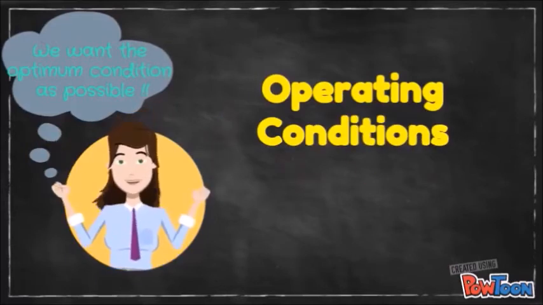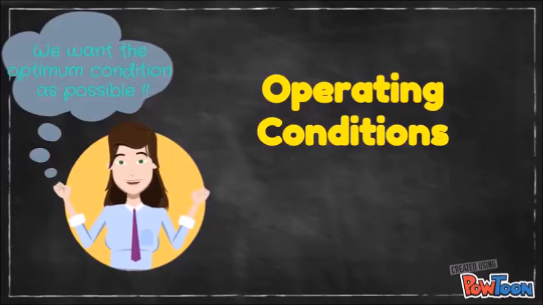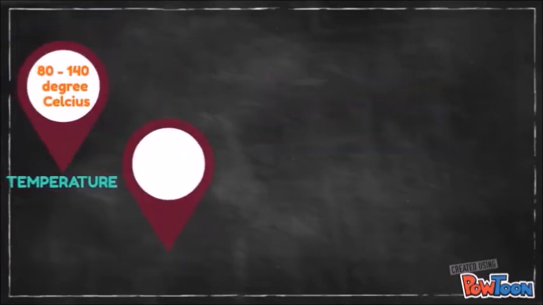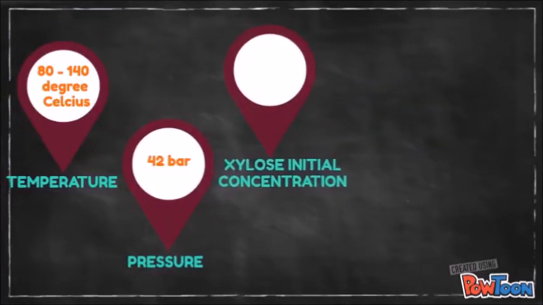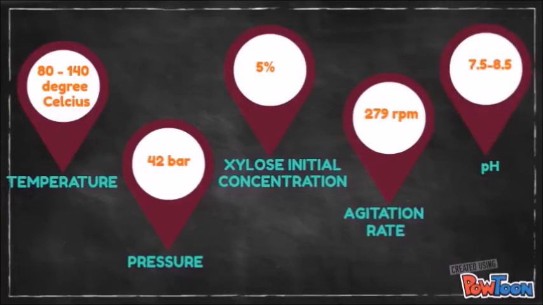Actually, this operating condition is very important and crucial because we want to obtain the maximum production. Of course, we don't want to waste our money. So operating condition is about the temperature, pressure, concentration, agitation rate, and pH, and so on.